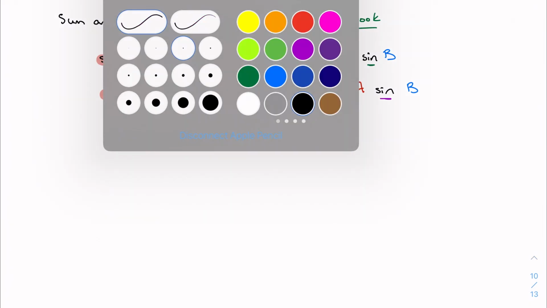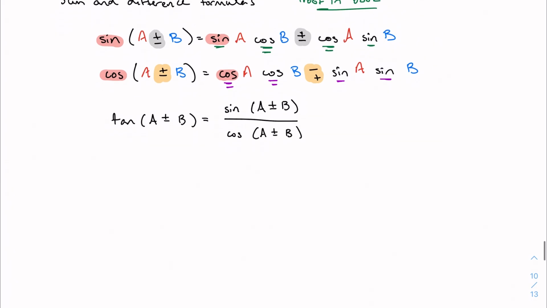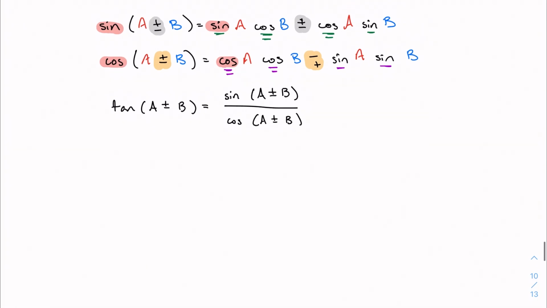The proof for tangent isn't terrible. It's just not necessarily clean, but let's go through it anyway. Let's see how this came about. I know from my quotient identities that tangent is sine over cosine, so I can start there. Based on what I've just learned, I can expand that, right?